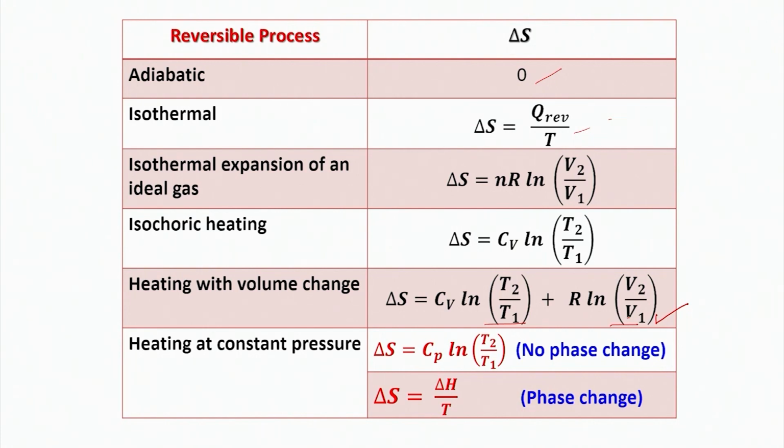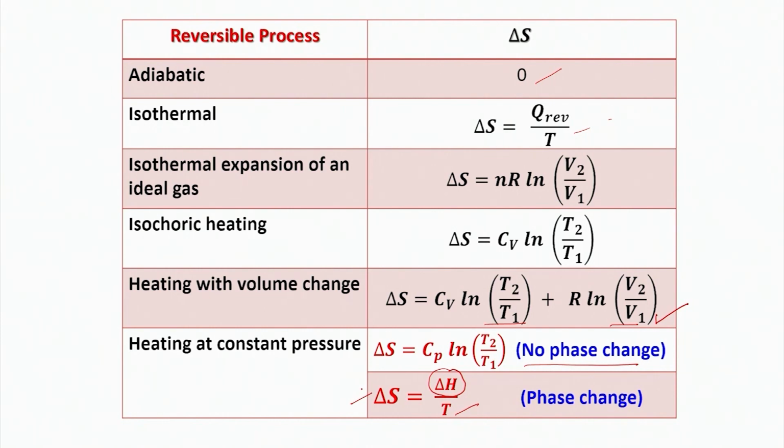Finally, when looking at heating at constant pressure, we understood that it can involve both a phase change and a heating at constant pressure without phase change. And according to the experimental condition, I will either have some idea about the change in enthalpy during the phase transition at a temperature T, which is a constant during phase change, and then I can find out what the corresponding delta S is.